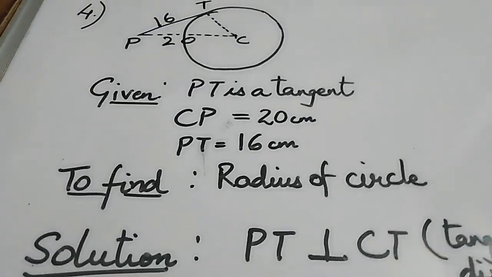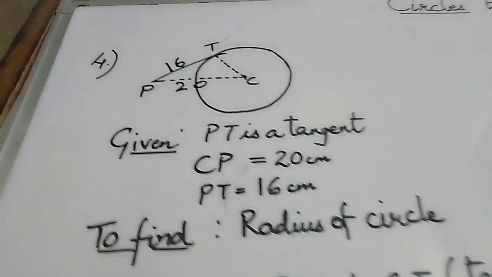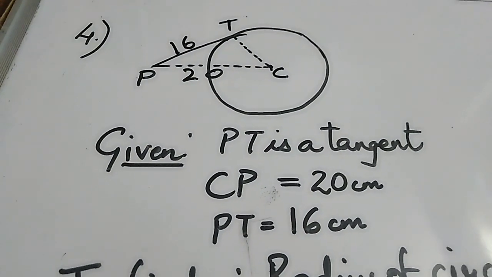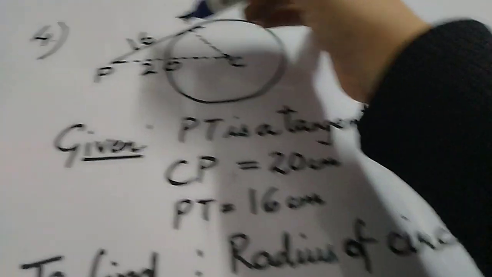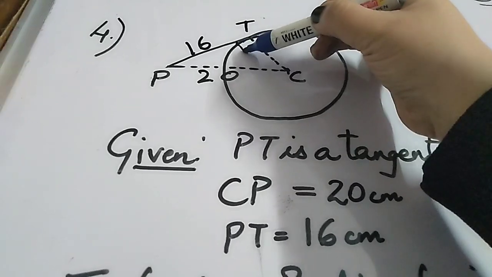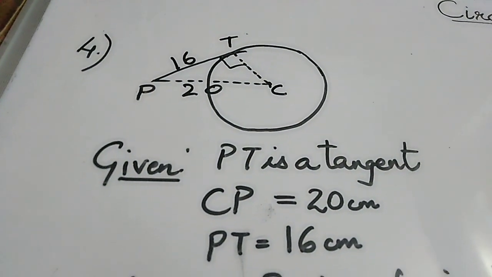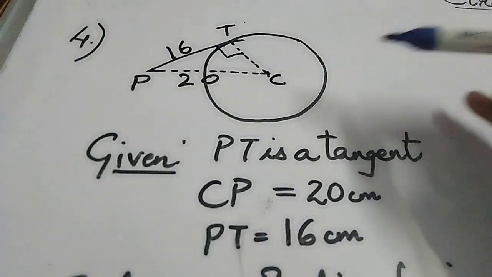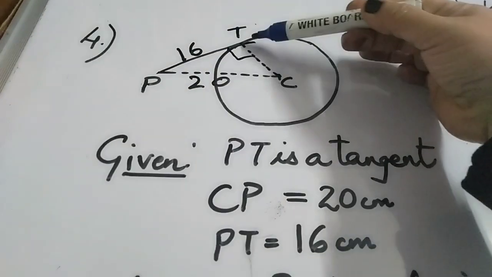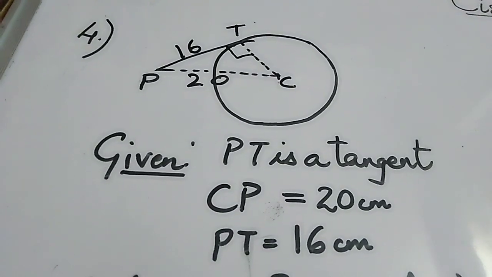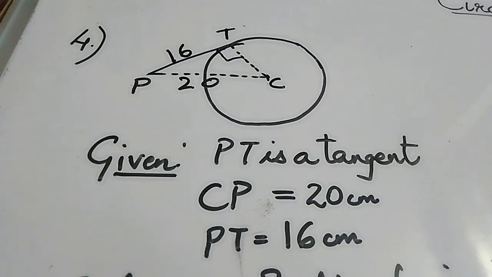Now what you will do in this case, children, we have already discussed in the previous video that the tangent is always perpendicular to the line from the center of the circle to the point of contact. Now what can you say about triangle PTC?